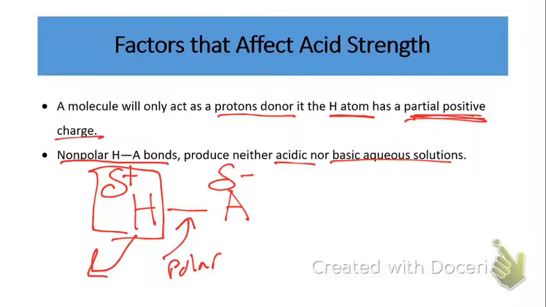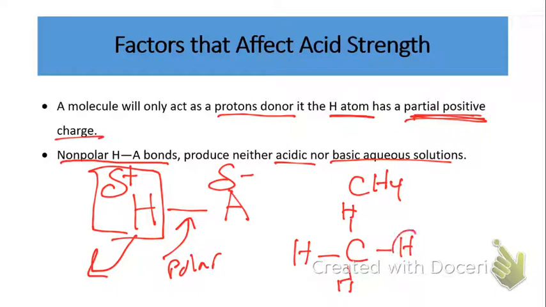For instance, let's look at an example of CH4. If you draw the structure of it, it looks like so. Each of these bonds is not really polar because carbon and hydrogen have very similar electronegativity values.